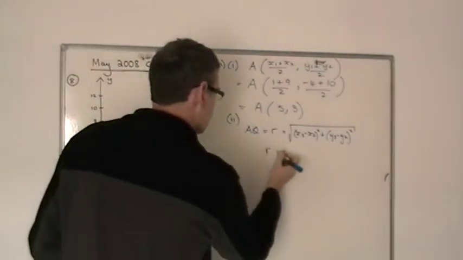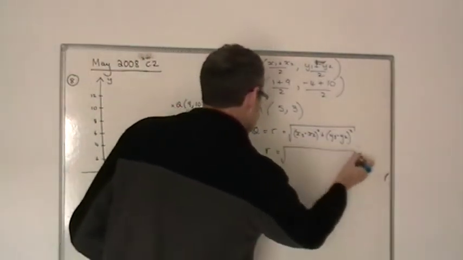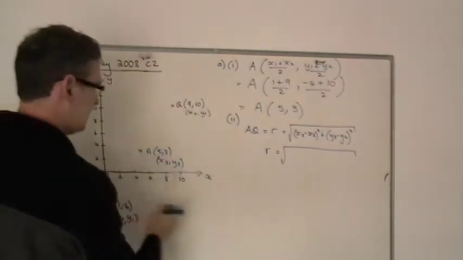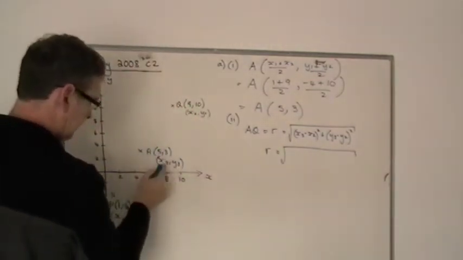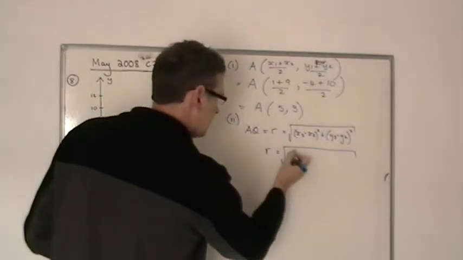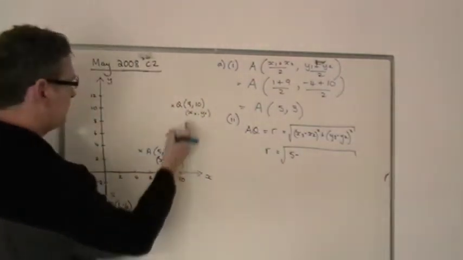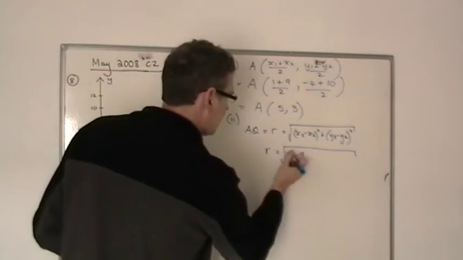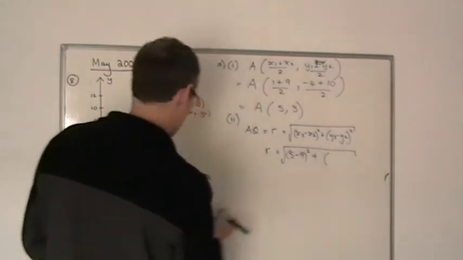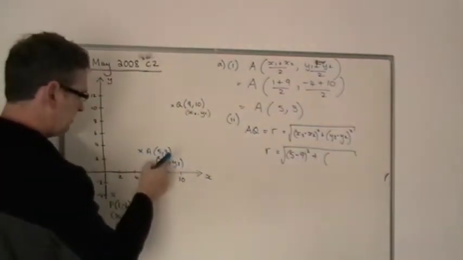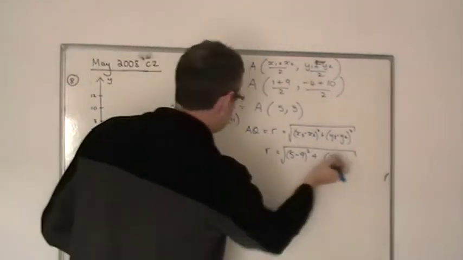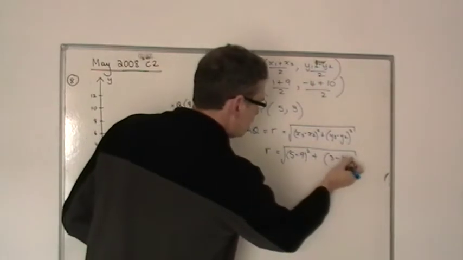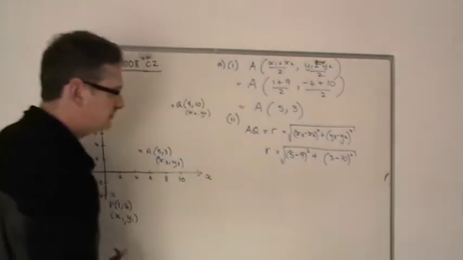So the radius will be equal to the square root of x3, which is 5, take away x2, that's 9, in a bracket squared, plus y3, that is 3, take away y2, up here, is 10, in a bracket squared.